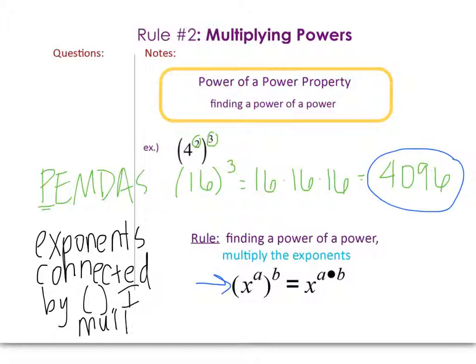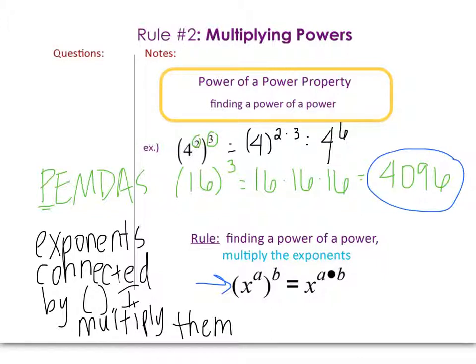Write a little note to yourself that if you have exponents connected by parentheses, you multiply them. So instead of doing 16 to the third, I could have done 4 to the 2 times 3, or 4 to the 6th. When I do 4 to the 6th in your calculator, you actually get the exact same number, which makes this property true.